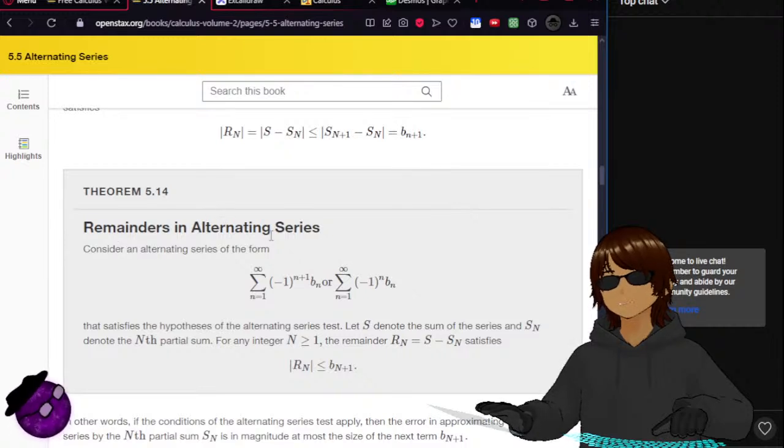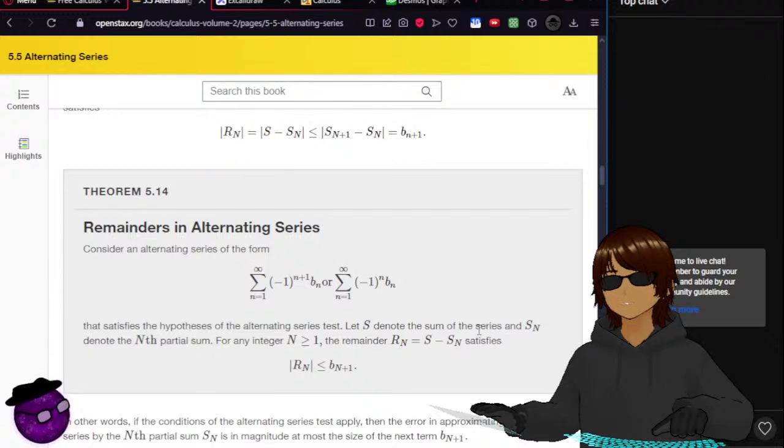Remainders in alternating series: let S denote the sum of the series and Sn denote the nth partial sum for any integer n greater than N. The remainder Rn, which is equal to S minus Sn, satisfies |Rn| = |S - Sn| <= b(n+1).